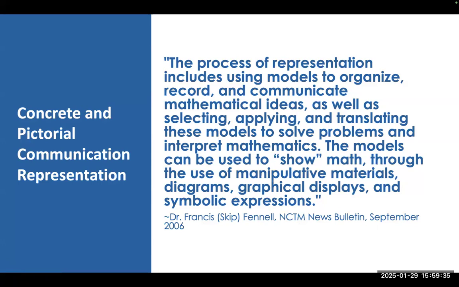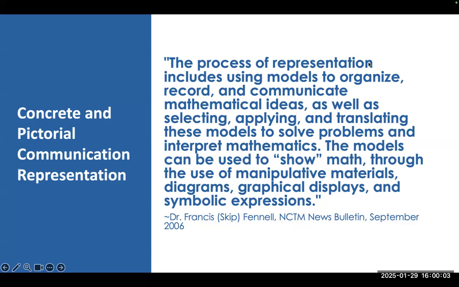And it reads, "The process of representation includes models to organize, record, and communicate mathematical ideas, as well as selecting, applying, and translating these models to solve problems and interpret mathematics. The models can be used to show math through the use of manipulative materials, diagrams, graphical displays, and symbolic representations."